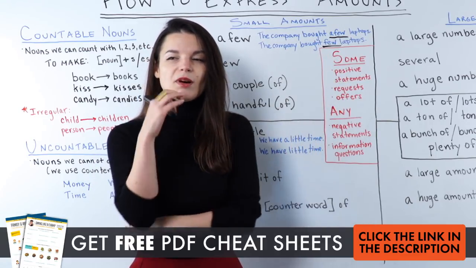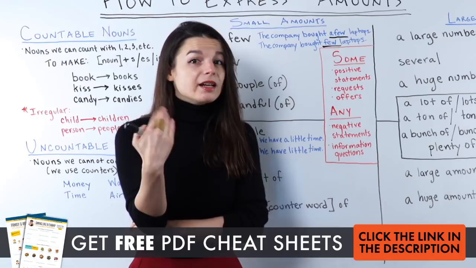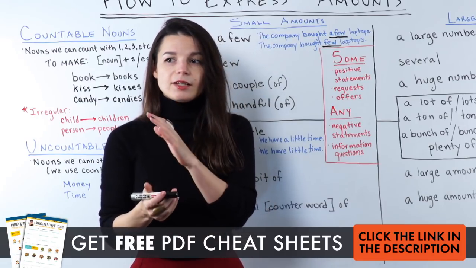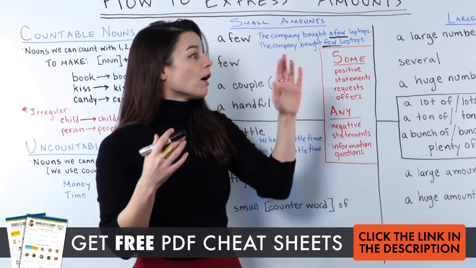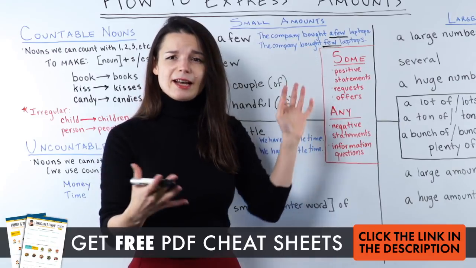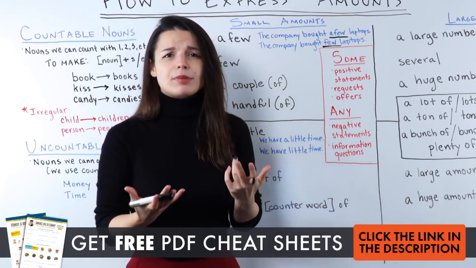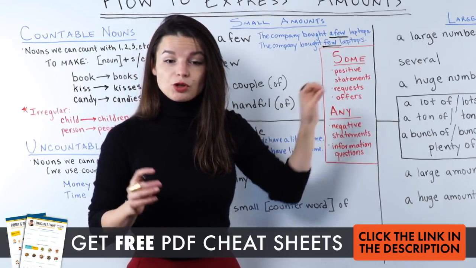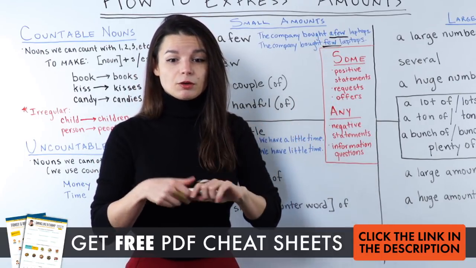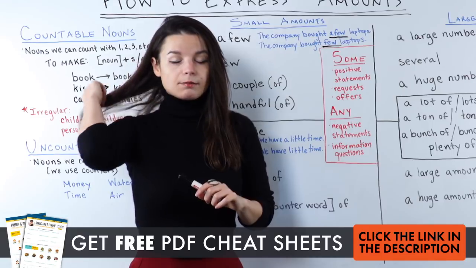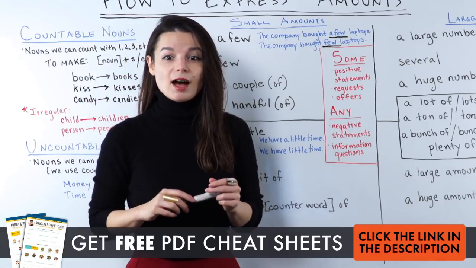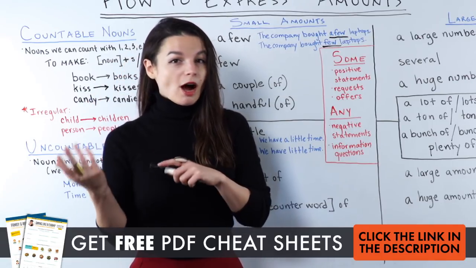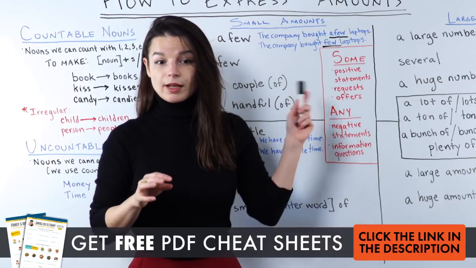Like the company bought few laptops. We needed a lot. So using no article here gives that unhappy feeling. If you want to just make a simple report, use a few. So please make sure to consider this when you are choosing between a few and few with your countable nouns.